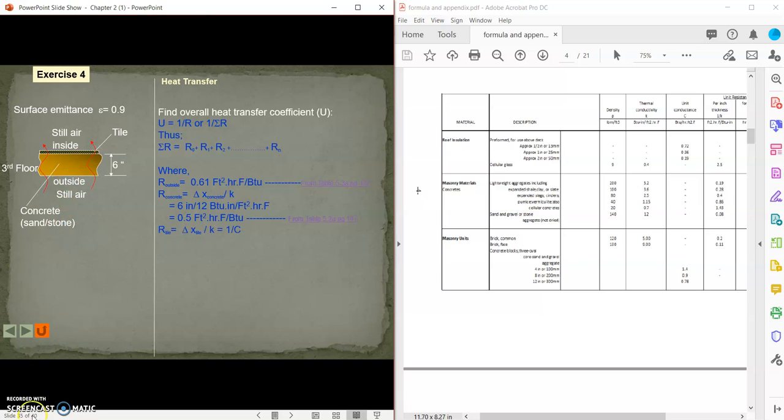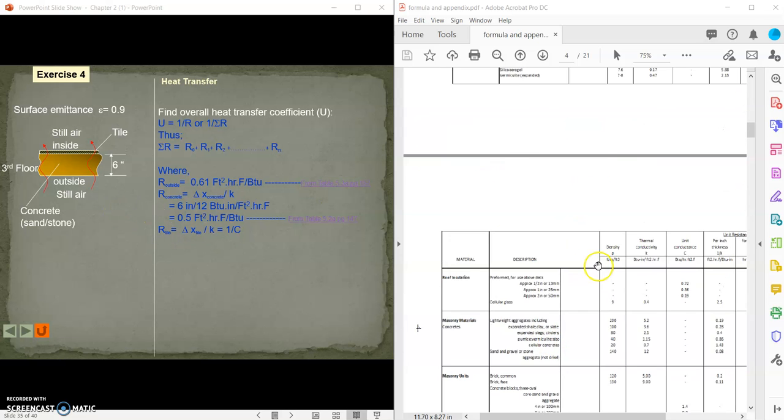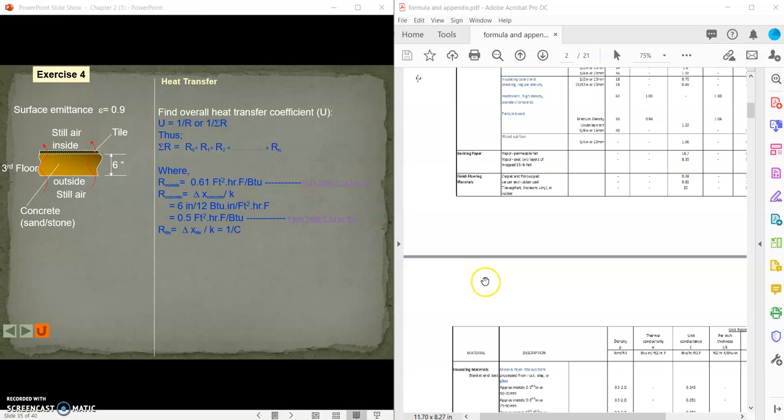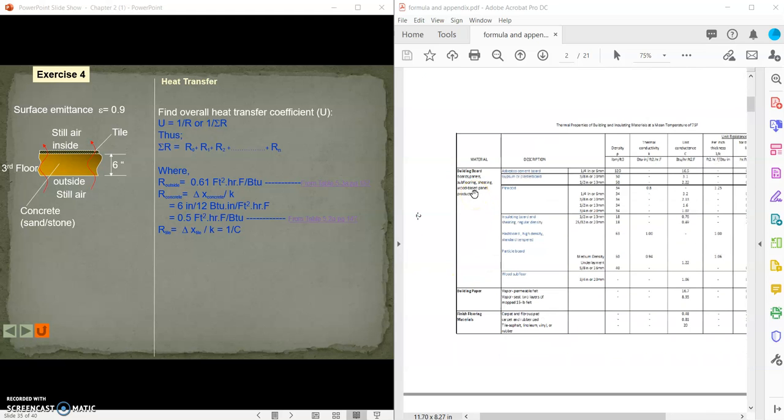Now we have to find the R tile. So the next one, we want to find the thermal resistance for tile. For tile, we can use either the formula delta X over K or 1 over C. So let's go and find the tile. Tile is located here, finished flooring material. If you want to easily find where the properties and the value are, you have to make sure you know, or you estimate and predict what the material is, and then look into the material that you are going to find on the left hand side.